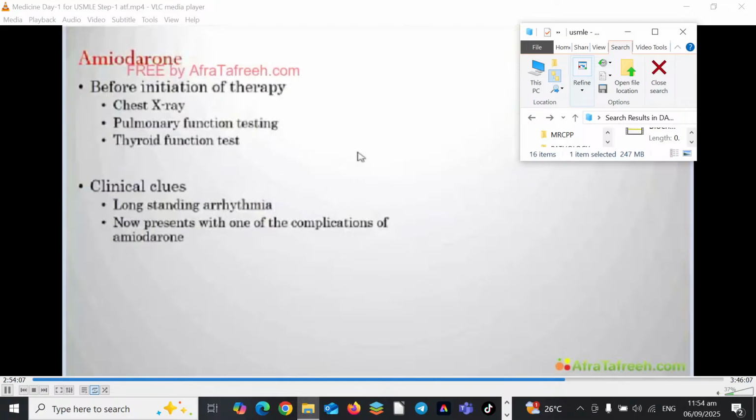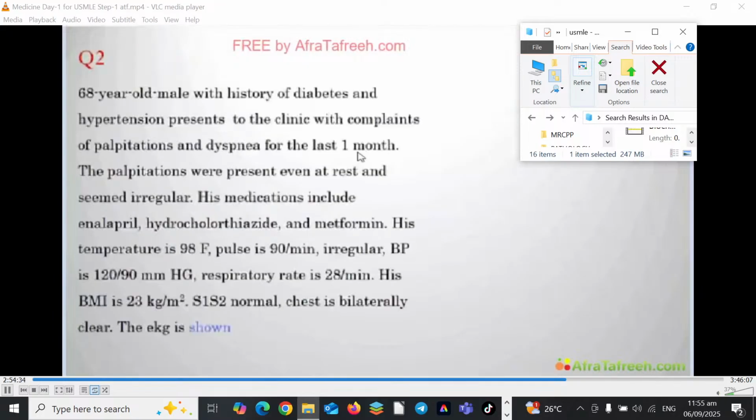If a question is formed on amiodarone, either the patient has long-standing arrhythmias for which therapy needs to be initiated, or the patient was taking the drug for a long time and has now developed some complication. These are the ways a clinical question might hint that they want you to answer amiodarone.